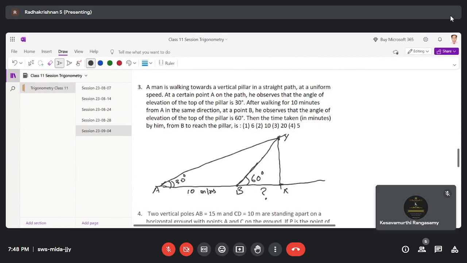So here again, the same similar approach, tan 30, tan 60. So from this you can solve it very easily. So I want you to try this. Okay, both of you, can you please try for some time and let me know what you are getting?